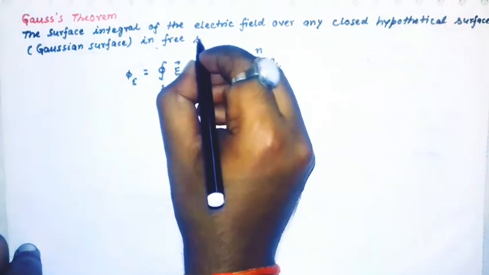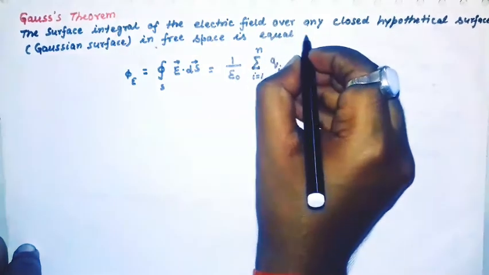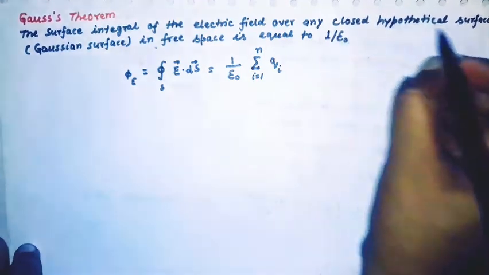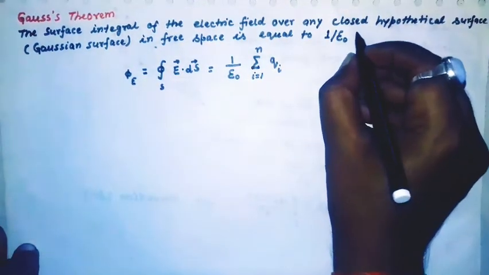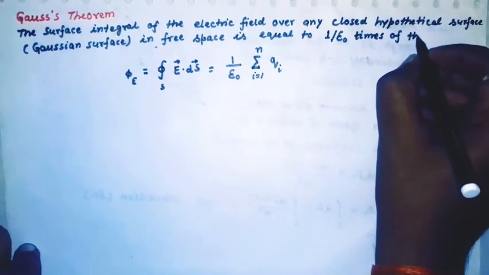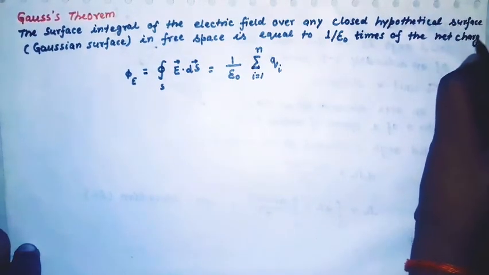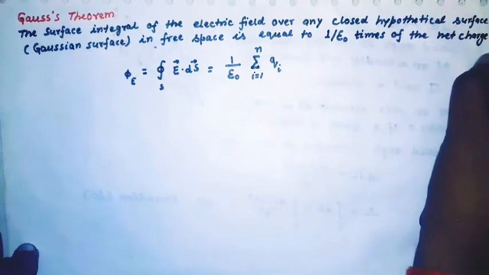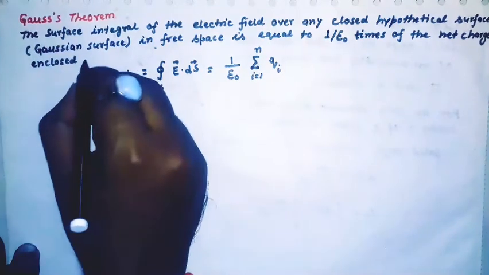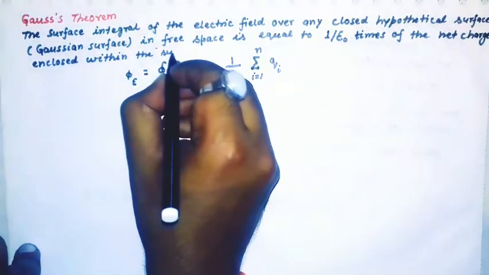In free space, this is equal to 1 upon epsilon naught times the net charge enclosed within the surface.